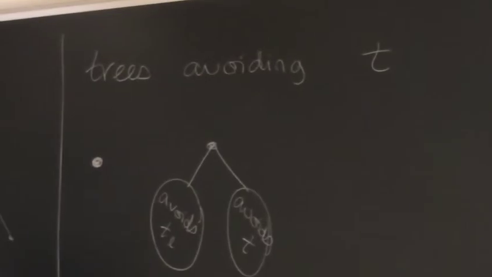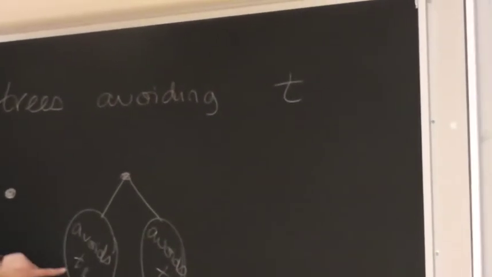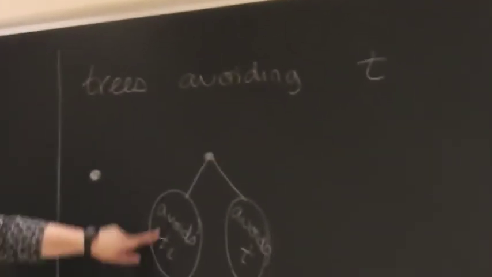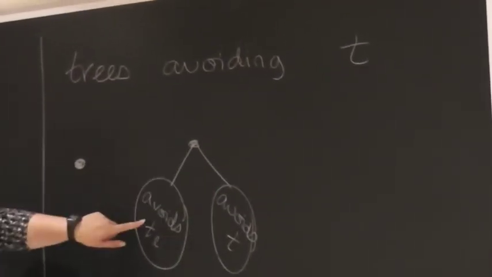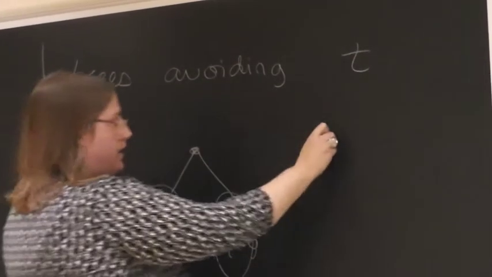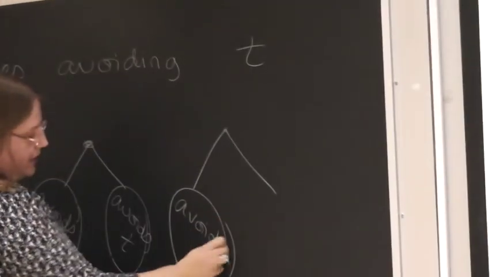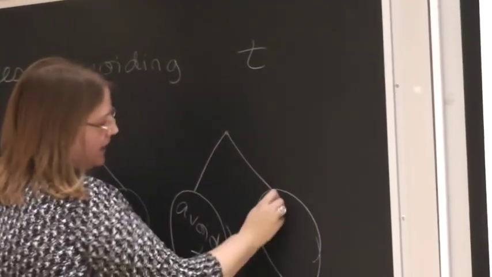This guarantees I can't have a copy of T anywhere. I can't have it here because, well, that's what that says. I can't have it here because if it doesn't even have TL, I can't have T. And I can't have a copy of T including the root because I don't have the right structure over here. And then the other picture is where the left-hand side avoids T and the right-hand side avoids TR.